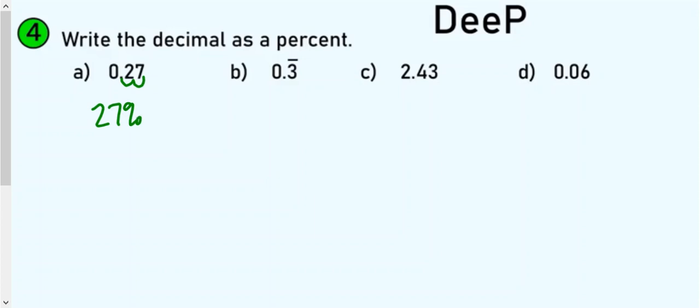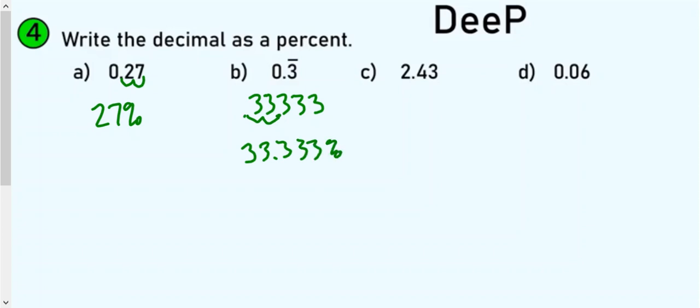0.3 repeating, so that would be a decimal of 0.3333333 going on forever. So if we take our decimal place and move it 2 places to the right, we get 33.3%.